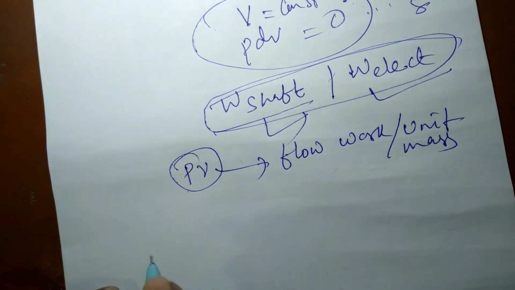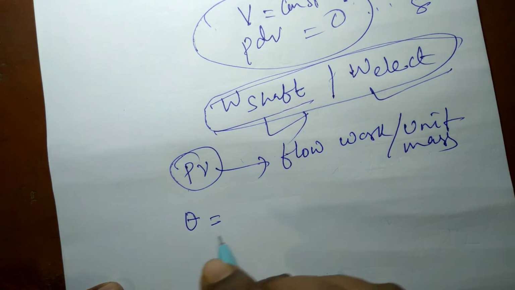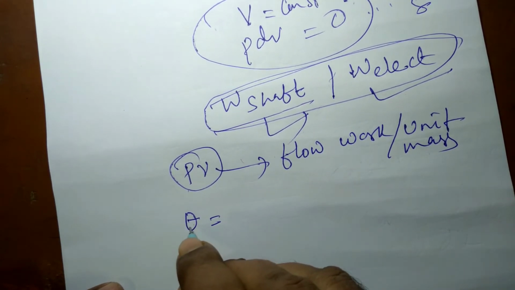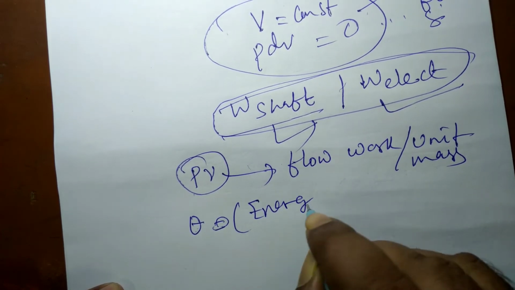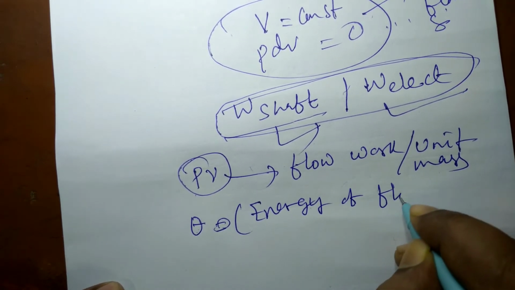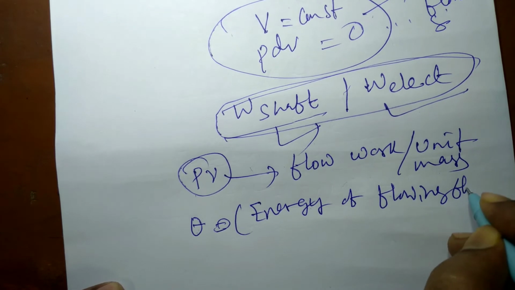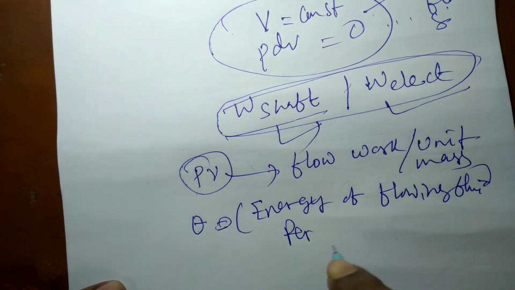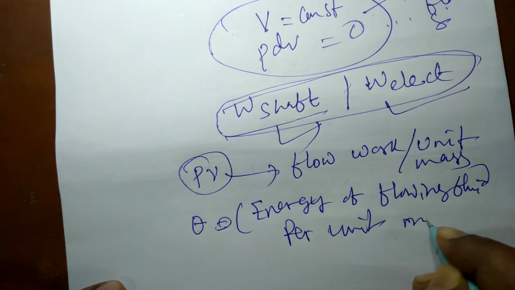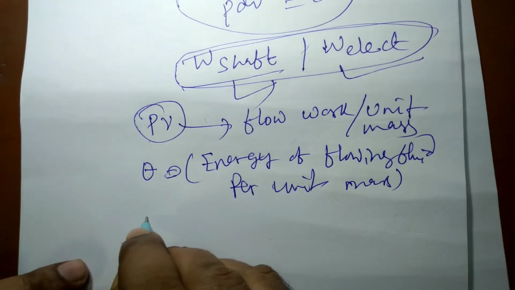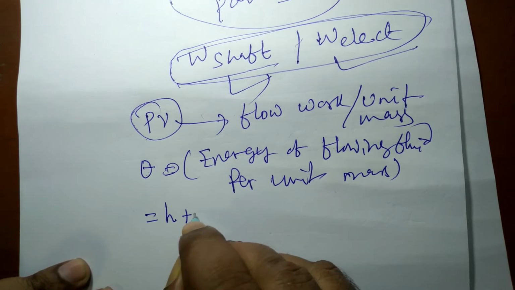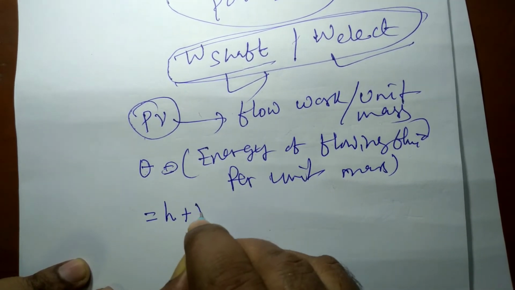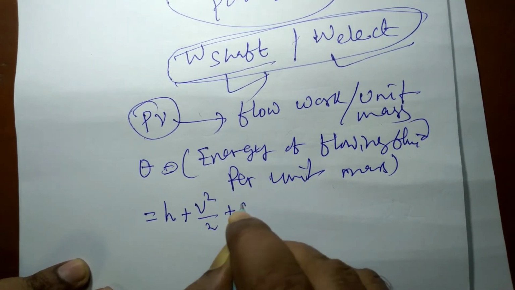Energy of a flowing fluid is usually expressed in the form of theta, that is, energy of flowing fluid per unit mass, and that is h plus V square by 2 plus gz.